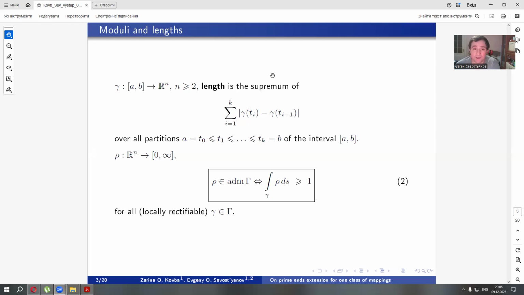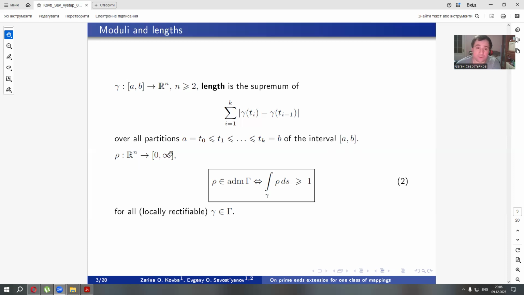Here the supremum is taken over all partitions by the points t_k of the interval. Precisely, a segment; an interval is open, and this segment is closed by the definition.